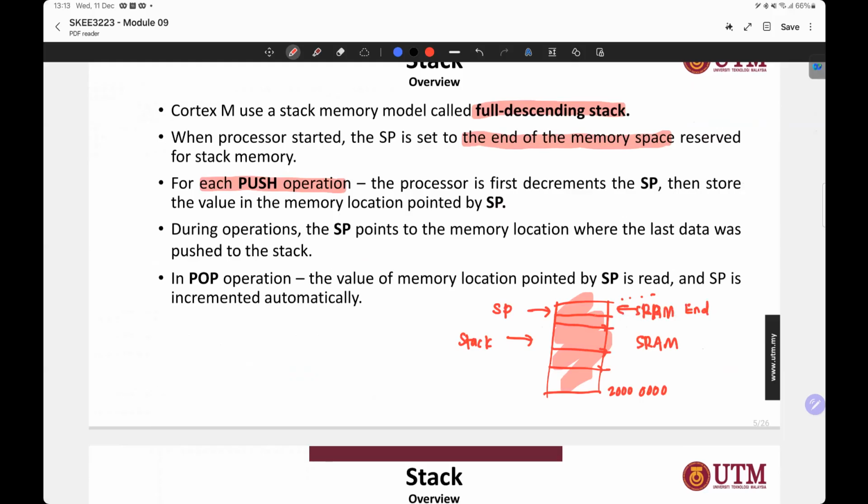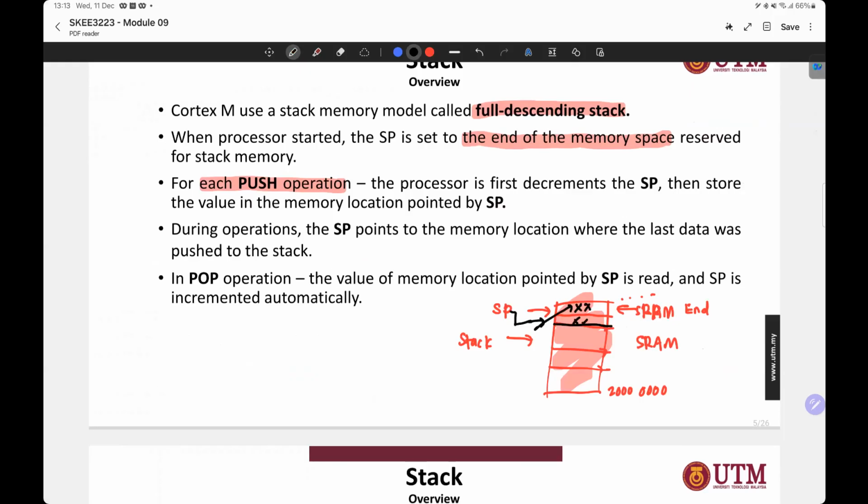So what happens here is, every time you put data on your stack, the stack pointer will decrement. The address of the stack will be decremented.